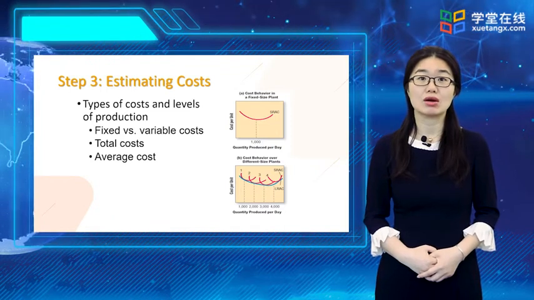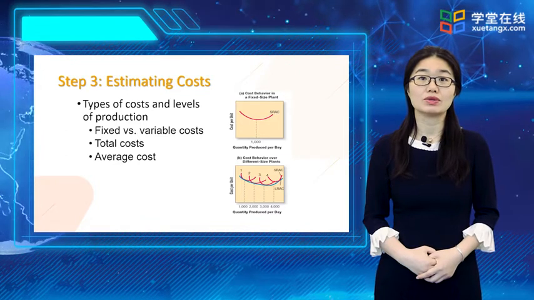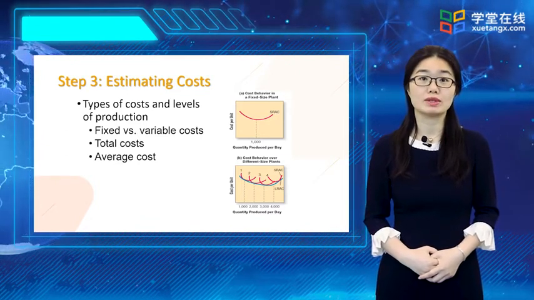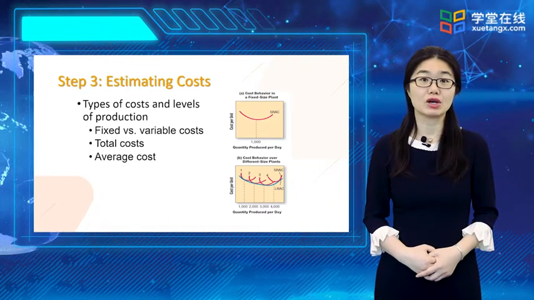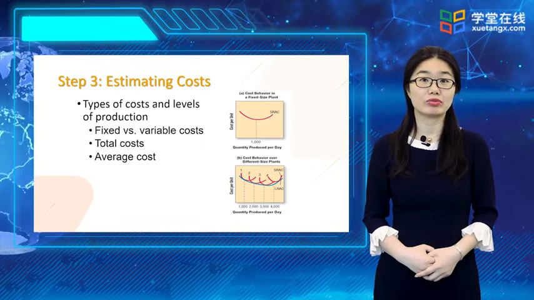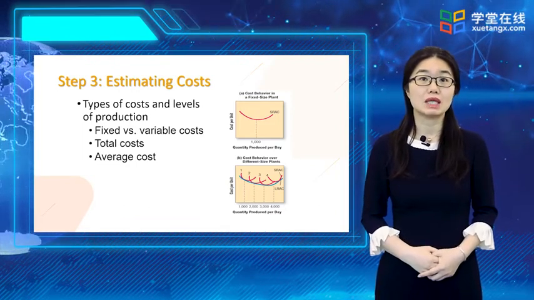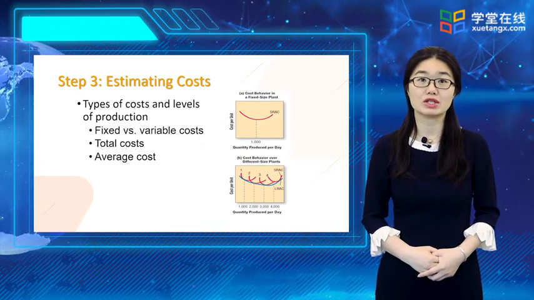Average cost is the cost per unit at that level of production. It equals total costs divided by production. Management wants to charge a price that will at least cover the total production costs at a given level of production. To price intelligently, management needs to know how its costs vary with different levels of production.